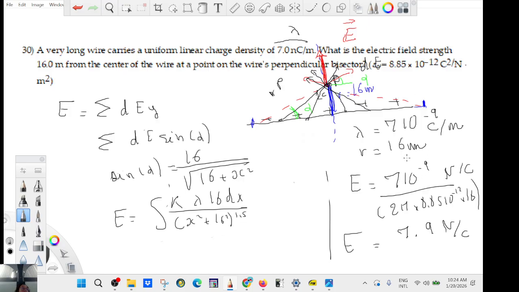In the third line, what did you write in the radical? In the radical, 16 plus x squared. Oh, thank you. Yes, it's the hypotenuse. So this is x and this is 16.